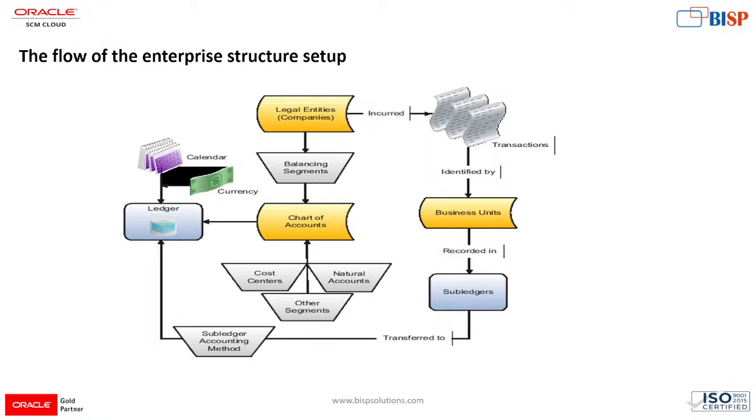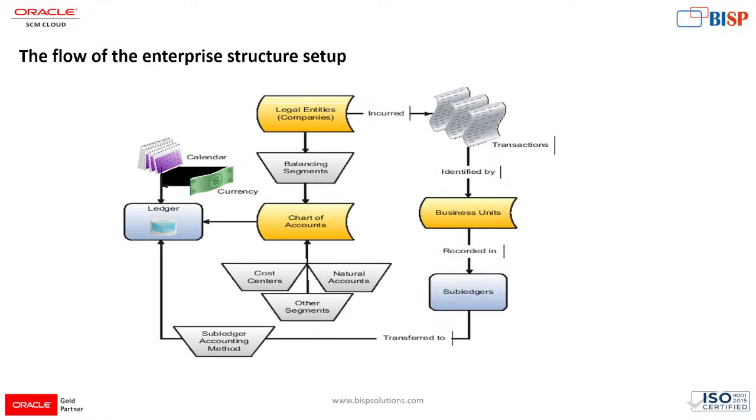So the legal entity, that is the company, in a transaction is identified by the business unit with the business function. The transactions recorded in the subledger are transferred to the ledger. The ledger is characterized by a calendar, currency and chart of accounts.